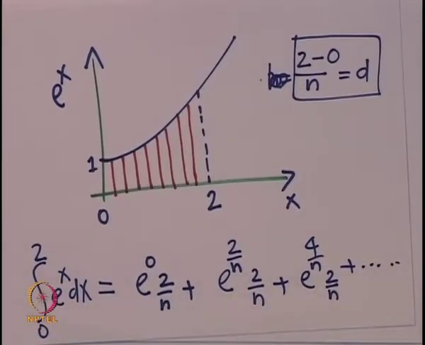So, this is what we know. Let us try doing this. We can take this 2 by n common outside. Look at this carefully for a minute.